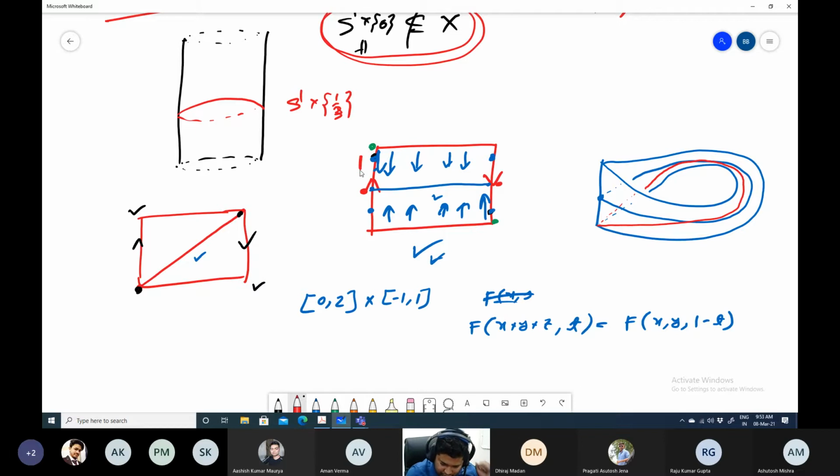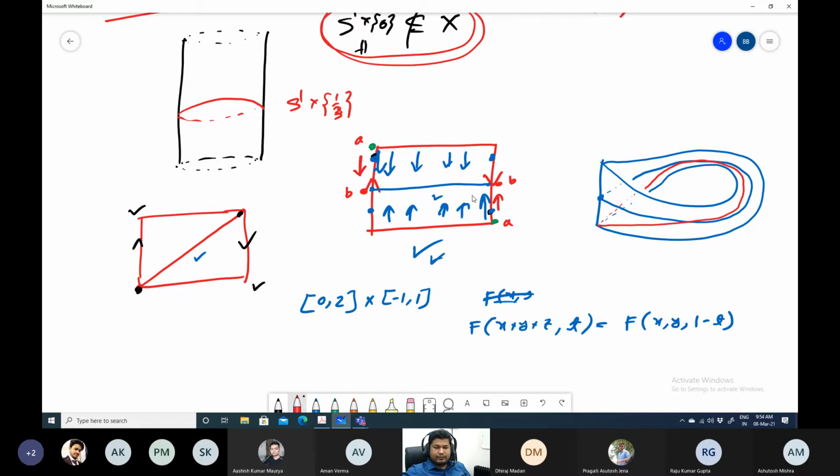If you take this direction, this line segment is the same as this line segment. If I go from A to B, that will be my A to B, so this AB edge is the same as this AB edge. Therefore, with the deformation retract going from upper to lower here and lower to upper there, continuity stays. We are not breaking the continuity. That is the reason this will be a deformation retract.